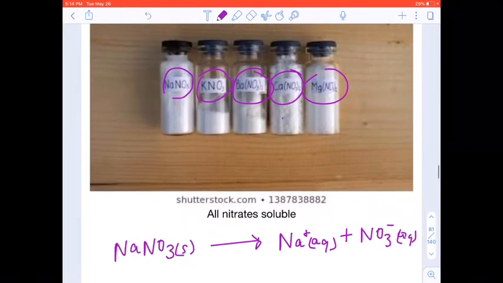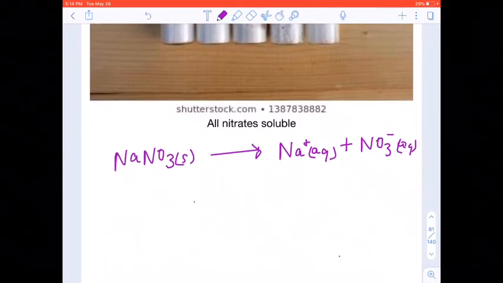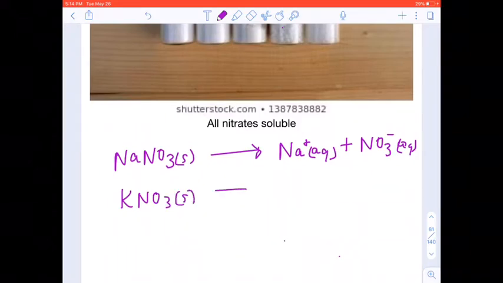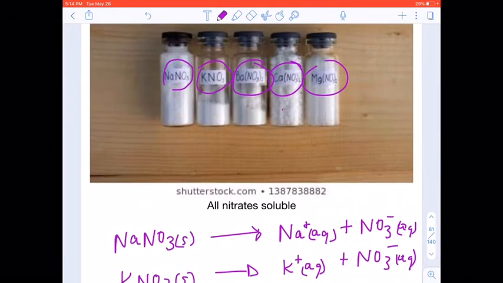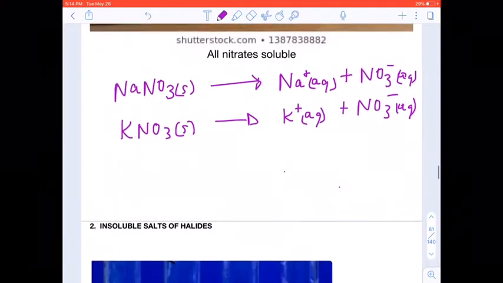If I take now maybe KNO3, it is also soluble, so KNO3 is a solid, and when it dissolves in water we say K plus aqueous, meaning that it forms ions in solution. And then if we look at it, we can take maybe calcium nitrate and see how that breaks up.